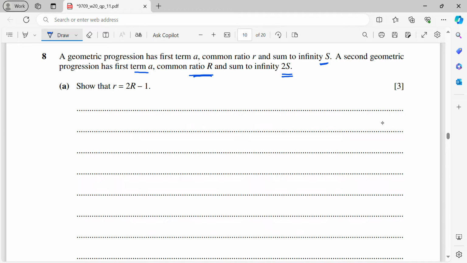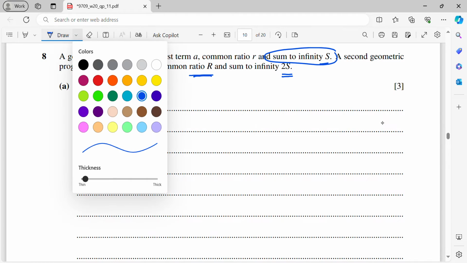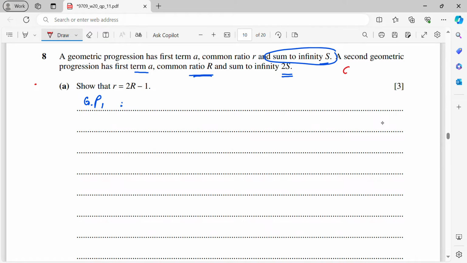Okay, so now I will write for geometric progression 1, sum to infinity. For your information, if it is a geometric progression with A and r, where A is the first term and r is the common ratio, S to infinity is A over 1 minus r.